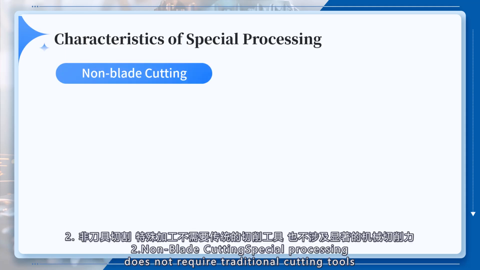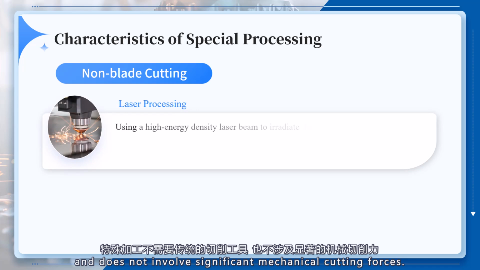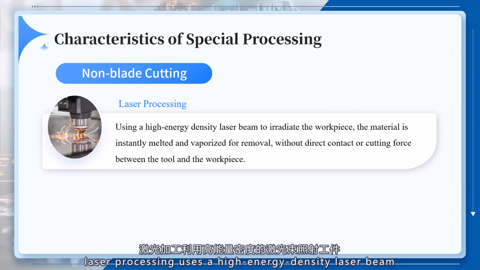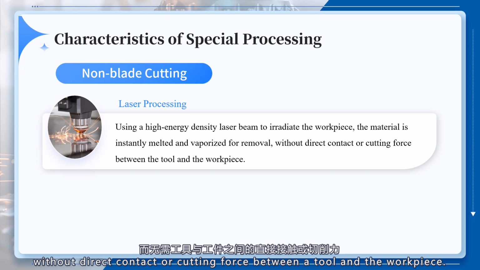2. Non-blade cutting. Special processing does not require traditional cutting tools and does not involve significant mechanical cutting forces. For instance, laser processing uses a high-energy density laser beam to irradiate the workpiece, causing the material to melt or vaporize instantly for removal, without direct contact or cutting force between a tool and the workpiece.